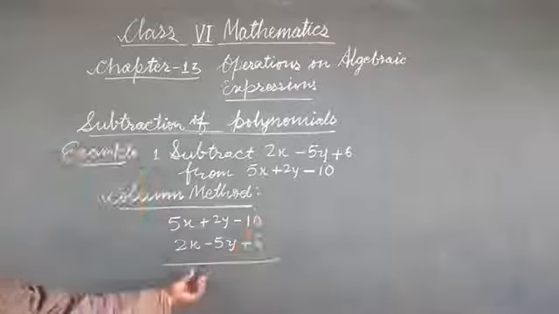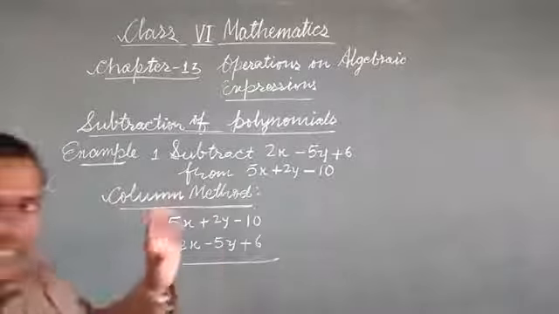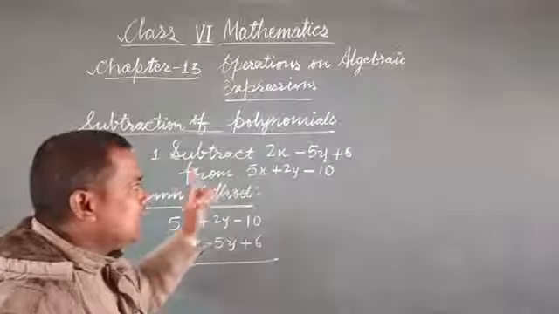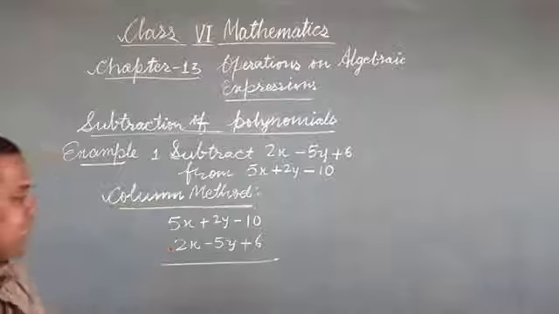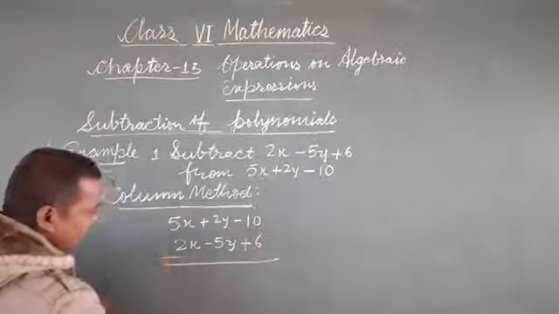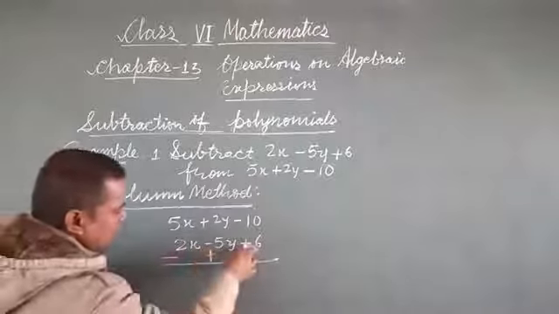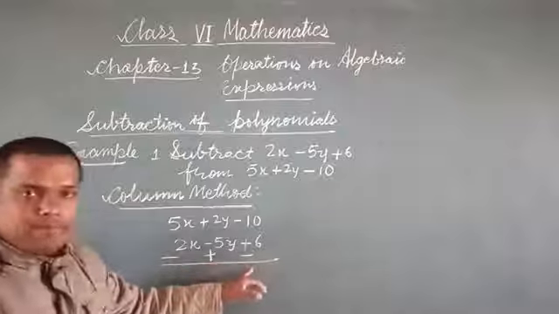Now we will draw a line just below this, and thereafter, in case of subtraction, we will change the sign of the subtrahend. This one is called the subtrahend. Here it is a positive sign, so we write minus. Here a negative sign, so it will become plus, and here positive will become minus. Now we will consider the sign which is given below.